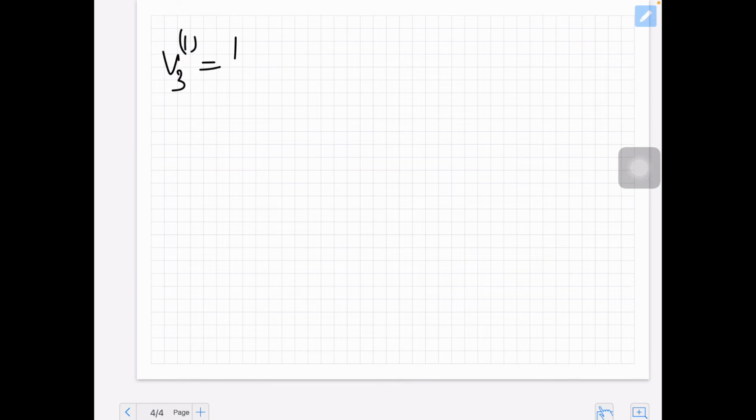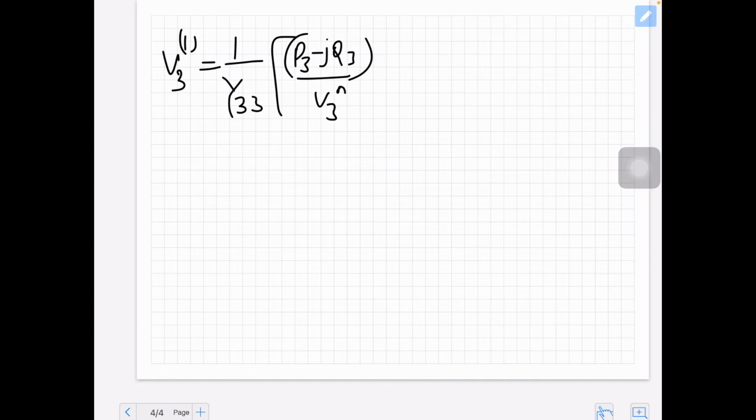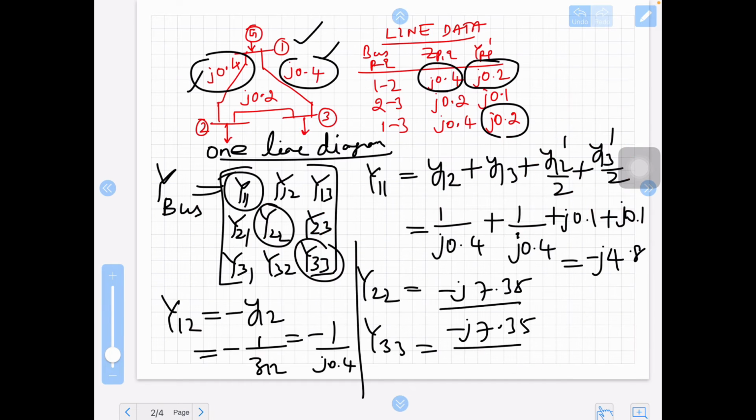So for that, the formula is 1 divided by Y33, times P3 minus jQ3 over V3 conjugate, minus Y31 V1 minus Y32 V2. See here how many elements are connected to the third bus. The third bus is connected with 2 elements: between 3 and 2 we have a transmission line, and between 3 and 1 we have a transmission line.